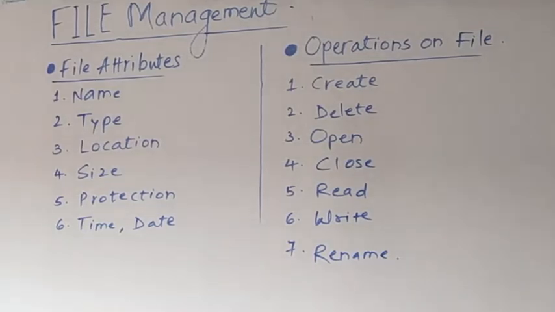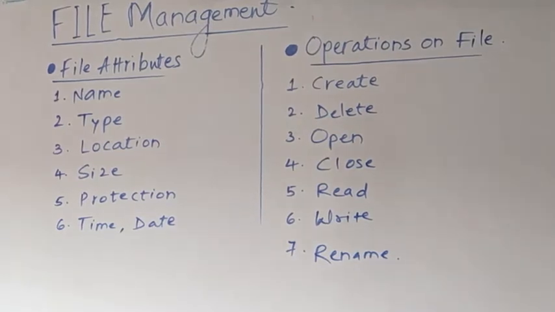The attributes for the file are, first, name. Let us say we are creating a file. For that file we have to give a name so that we can distinguish amongst different files.